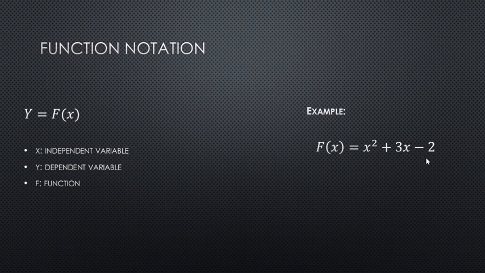The equation tells us exactly how the output changes when the input changes. We can calculate the value of the function for any valid value of x. Let's try one. If x equals 2, then f of 2 is 4 plus 6 minus 2, which gives us 8. So the function maps the input 2 to the output 8.